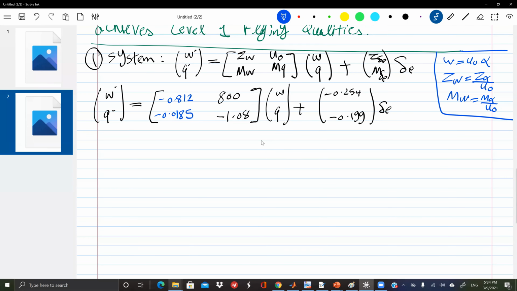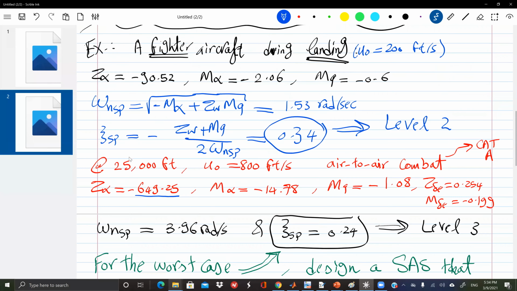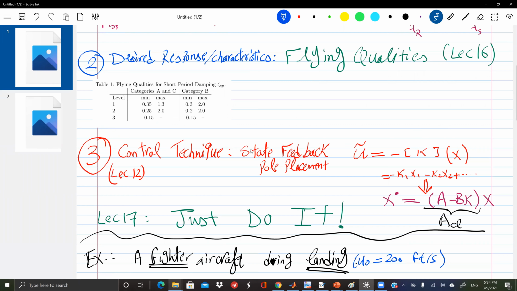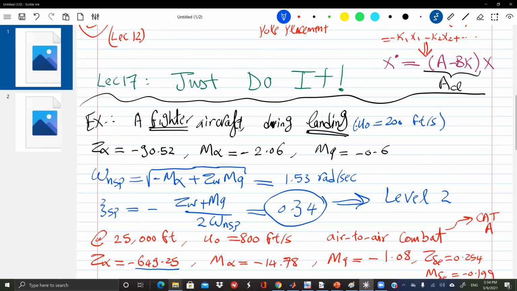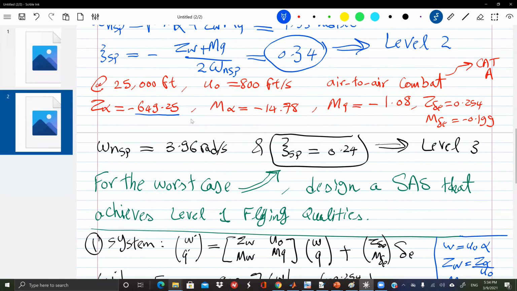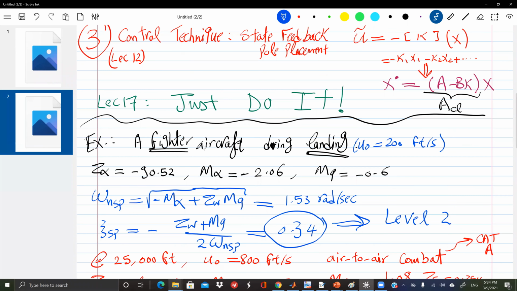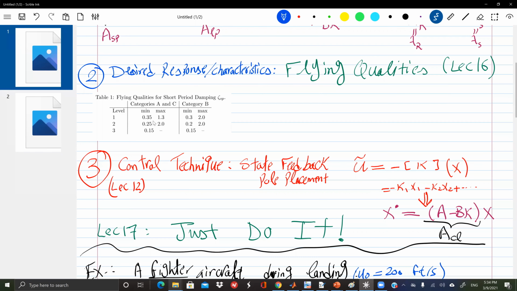All right, what was the second step to design your controller? Please give me the desired response. What is your desired response, folks? We're designing for this case. Omega n was 3.96, zeta was 0.24, so it was not adequate. And we were in Cat A, military.